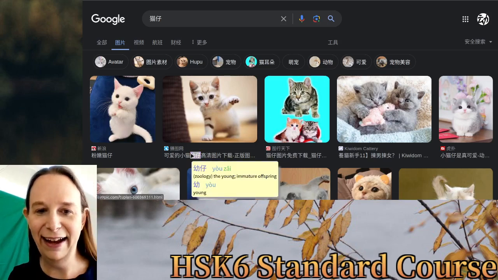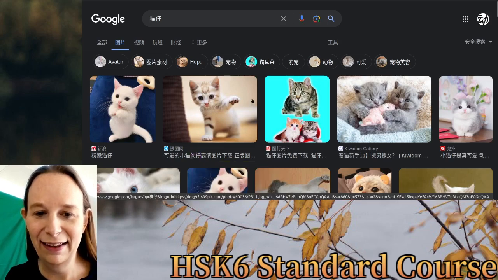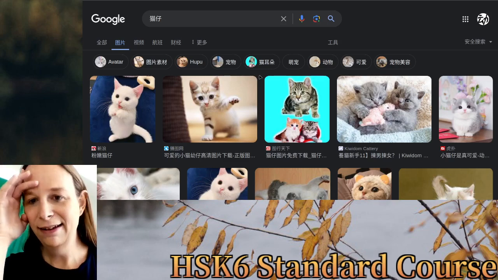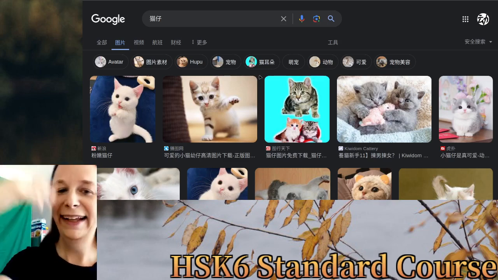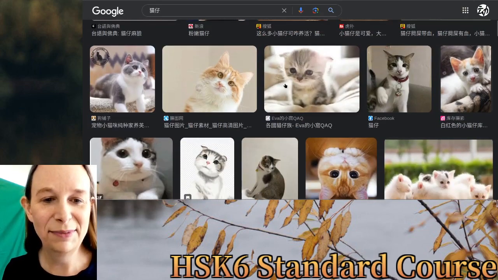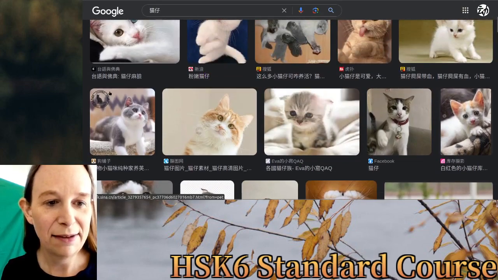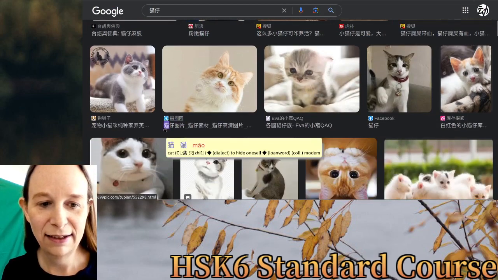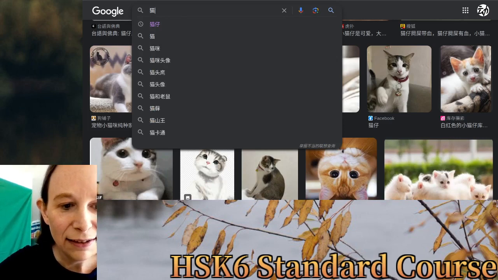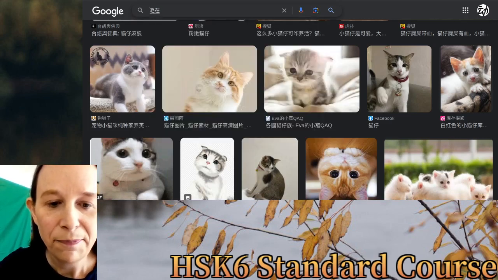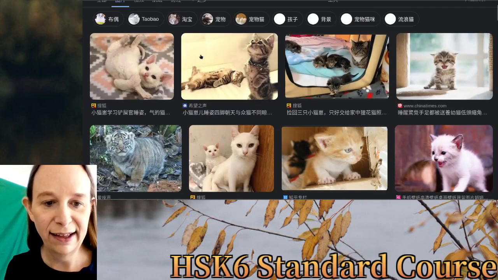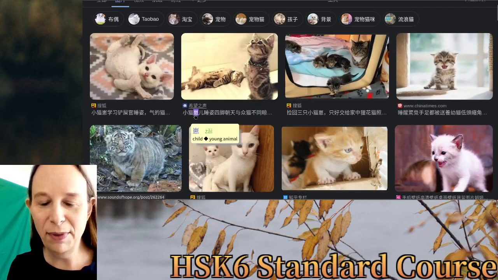It doesn't refer to their behavior, it refers to their physiology, but I guess it refers to both physiology and behavior. Okay, 猫仔. What if we change it to the other 仔? 猫仔，小猫仔. Okay, so both are okay.